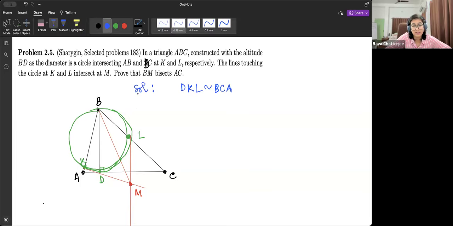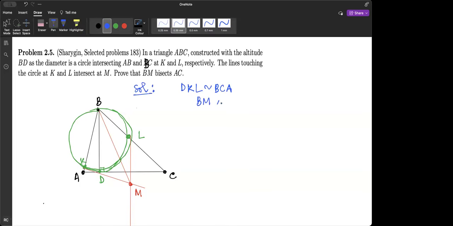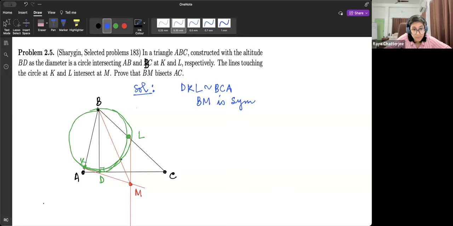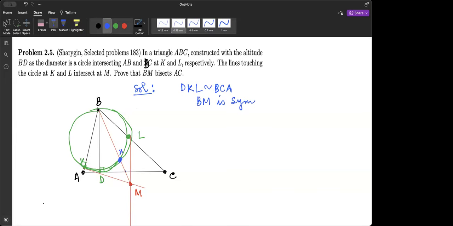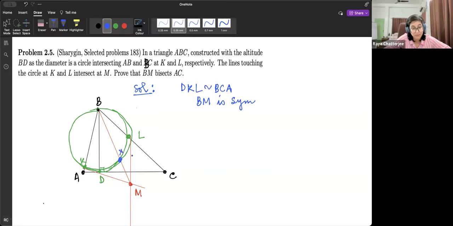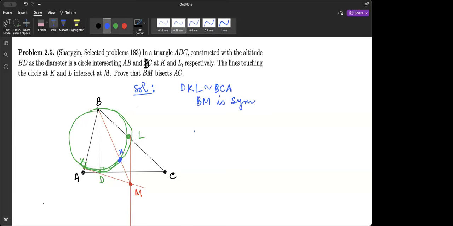This is synthetic, by the way. If BM intersects the circle BKLD at X, then we know that BKXL is harmonic. So we can project the bundle from B, and we know that the B tangent is parallel to AC.